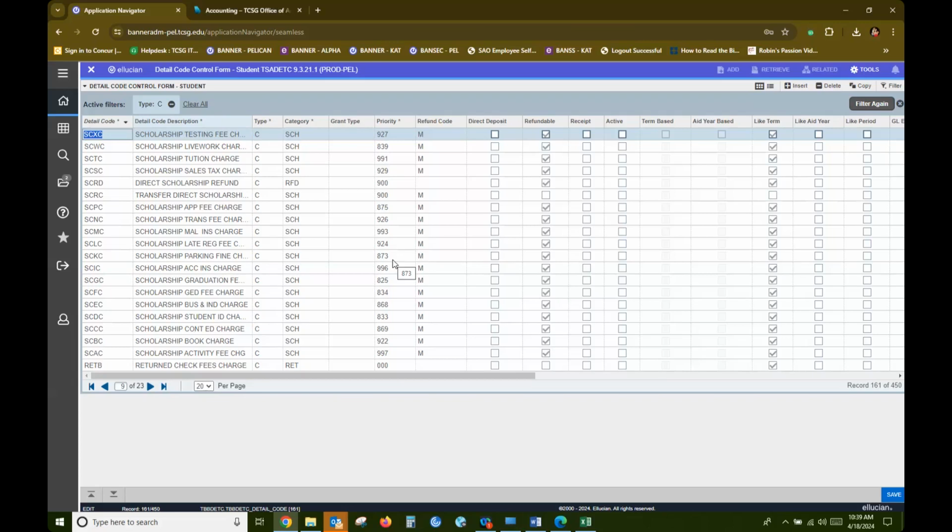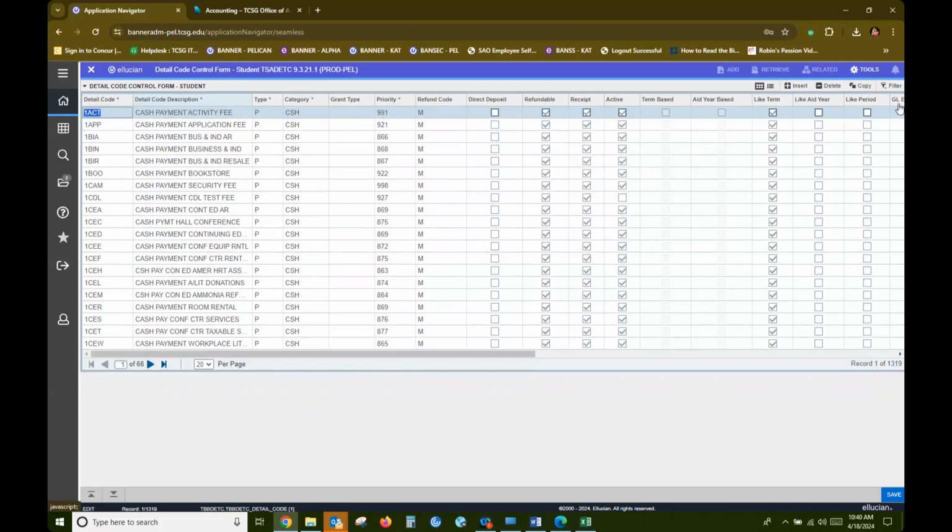Because when we're making application of payments, we want the cash payment most of the time to apply to that first, unless they have hope, right? So we'll talk about that again when we get into application of payments. So priority code is important.